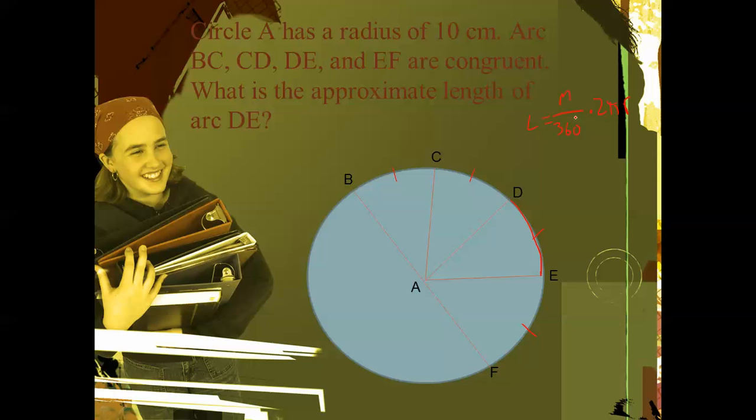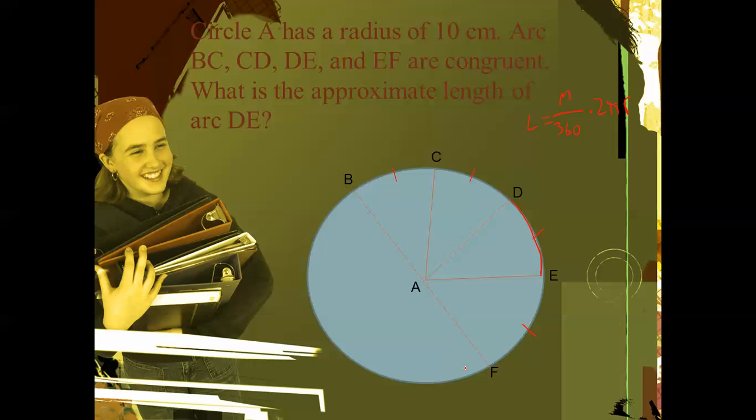The first thing we have to know is that line BF is our diameter, so it divides the circle in half. That tells us that this big semicircle, BCF, is 180 degrees.